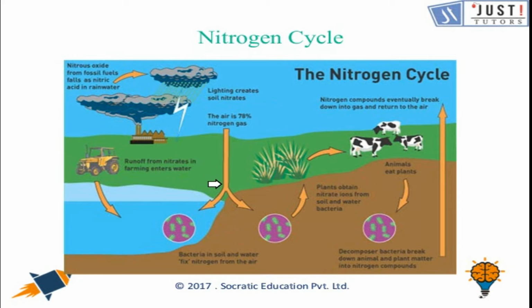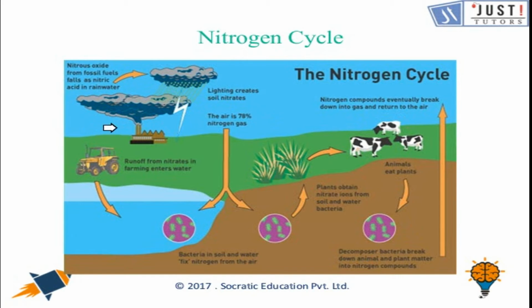As you can see, we have nitrates in the soil. Plants obtain these nitrates from the soil, and then animals eat these plants, which after decomposition are converted into atmospheric nitrogen.